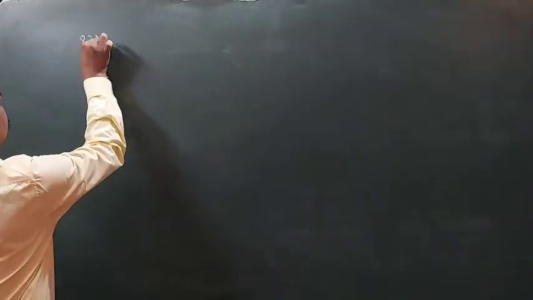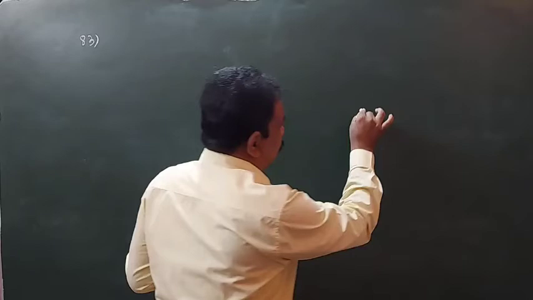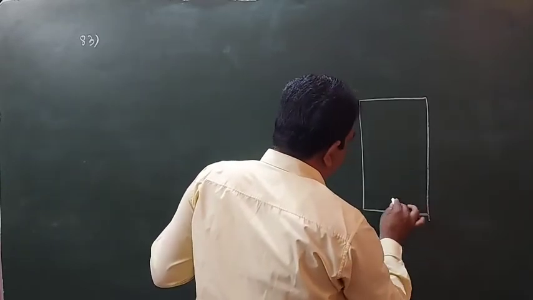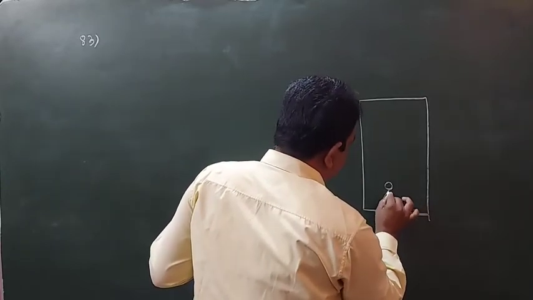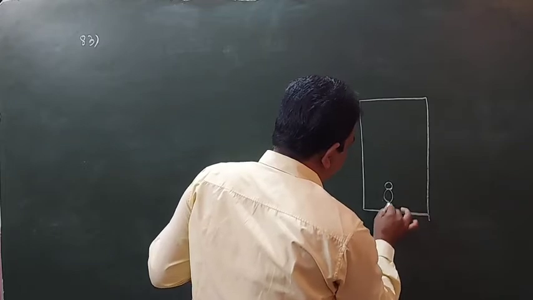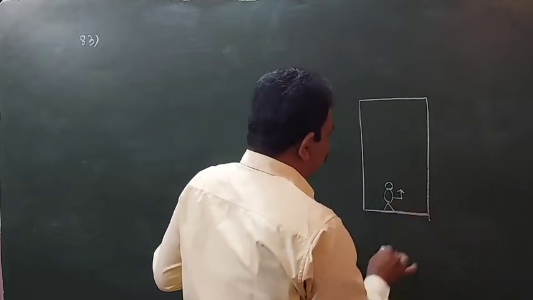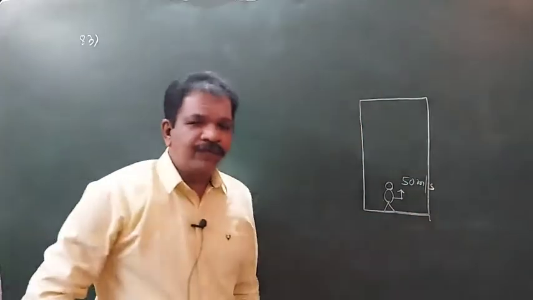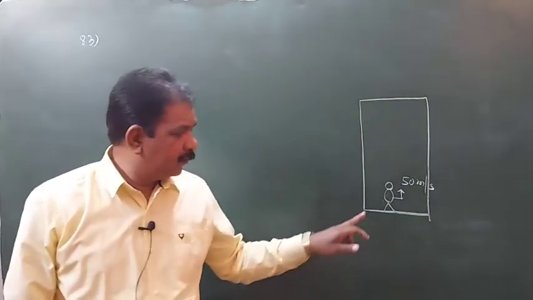What they are asking: here there is a lift, and in this one girl is there. She has thrown a ball upward with a velocity of 50 meters per second.